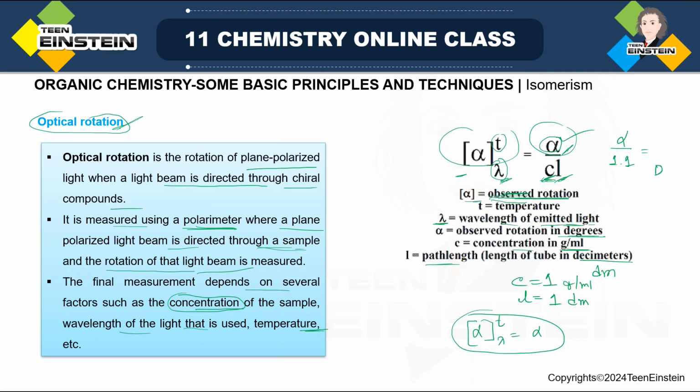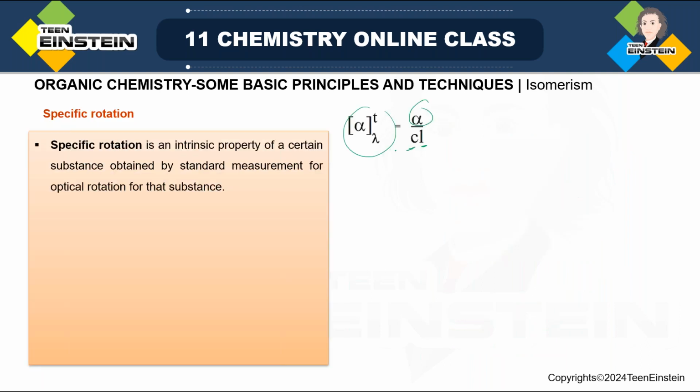So optical rotation is not fixed, but for specific rotation, C and L are already unity, so we have fixed them to 1. That is why you cannot call optical rotation an intrinsic property of a particular molecule. But specific rotation is an intrinsic property of a certain substance. It will not change because we have already fixed the concentration to 1 and L to 1.